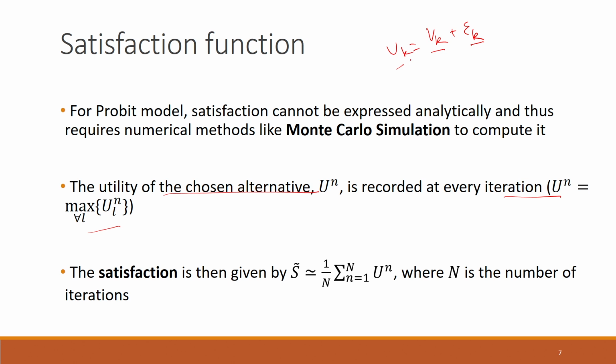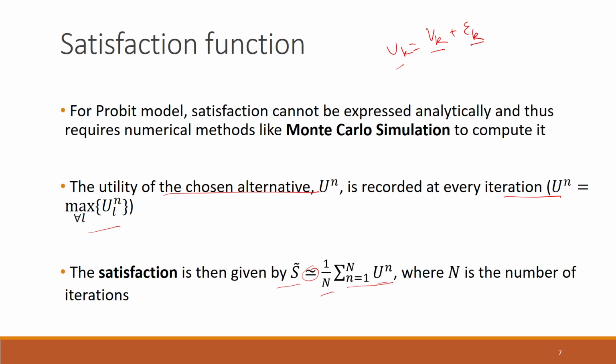So, at the nth iteration of this algorithm, if Un is the utility of the highest alternative that we record, and we sum that across all the iterations of this Monte Carlo and divide it by the number of iterations, this is the satisfaction function we get. Now, why is this symbol being put here?